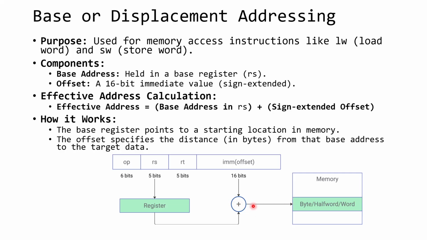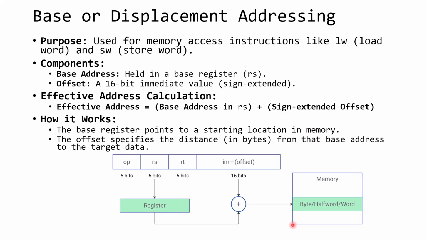Then you will get the targeted or effective address, which specifies the pointed memory. Why is the offset needed? It's because the base register will only contain the starting location in memory.